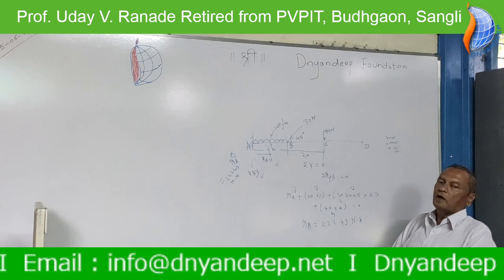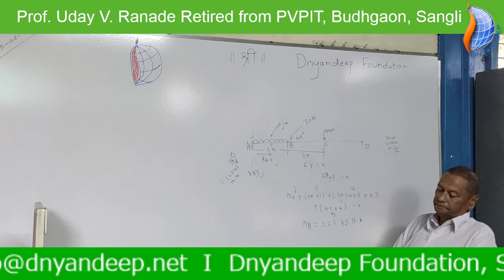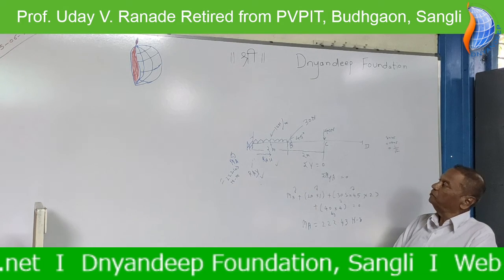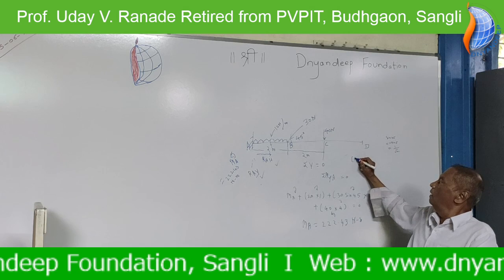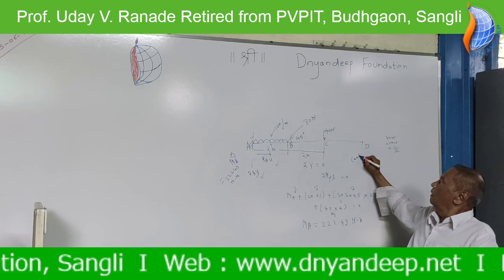So RAH is found, RAV is found, and MA is found. This type of beam is called a cantilever.